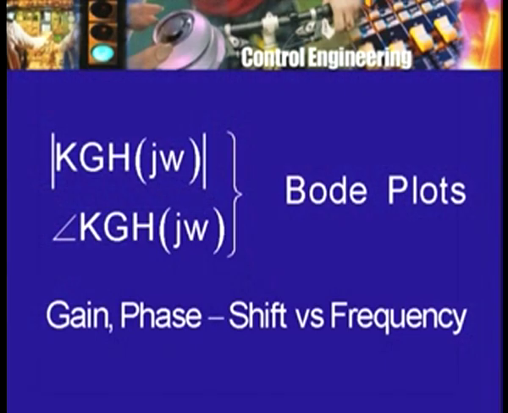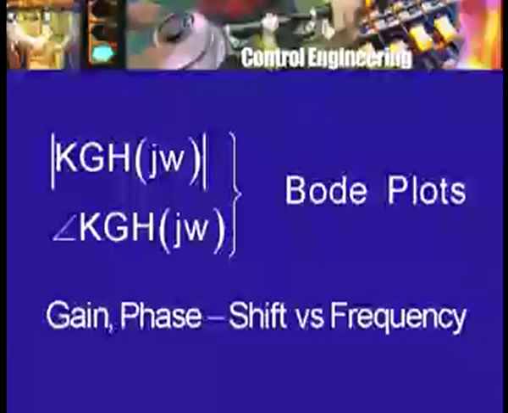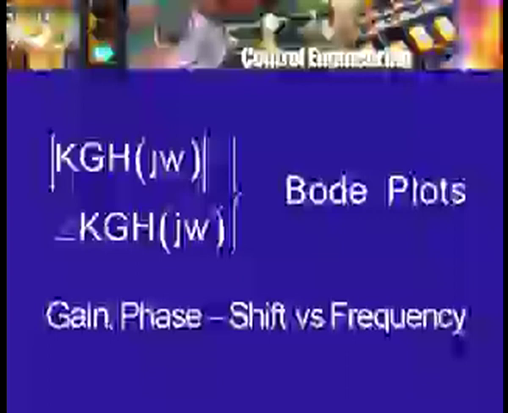At that time then, Bode gave a very good approximation technique for finding out KGH(jω), and the resulting approximate plot is referred to as a Bode plot. It is not the exact polar plot, it does not give you the exact values of KGH(jω). This is a complex number, so it has a modulus and argument for various values of ω.